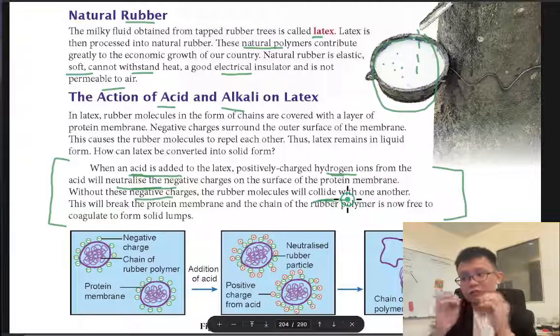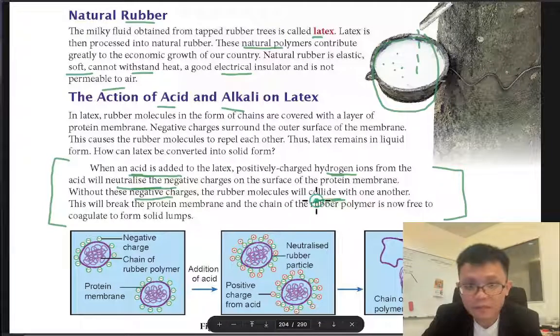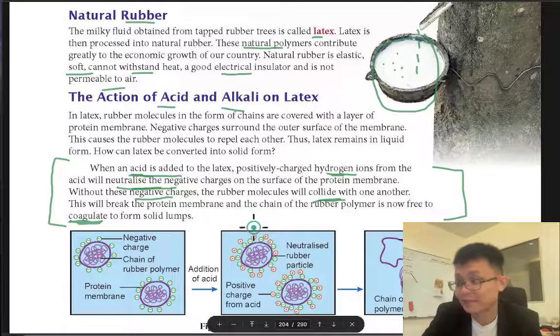They will fall towards one another, and then they will coagulate. You know what coagulate is or not? Coagulate is like becoming like jelly. That is called coagulate.